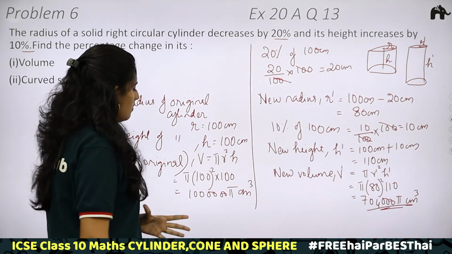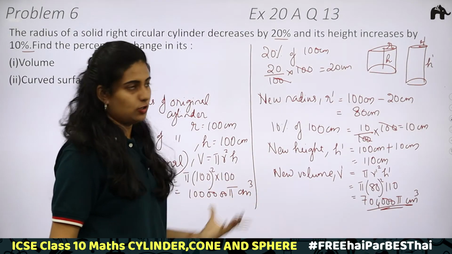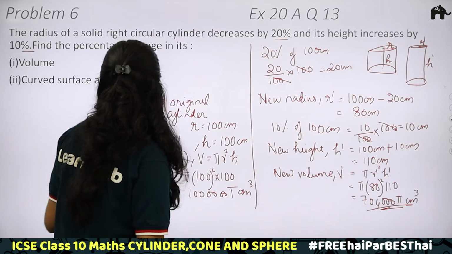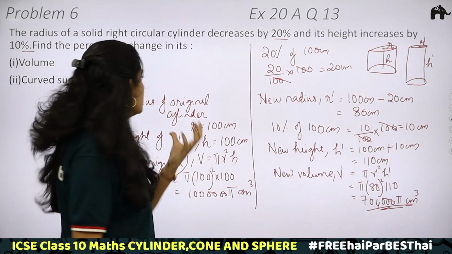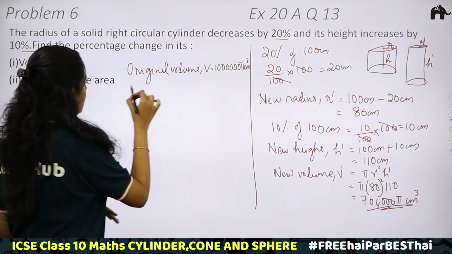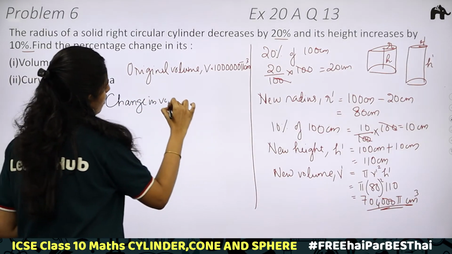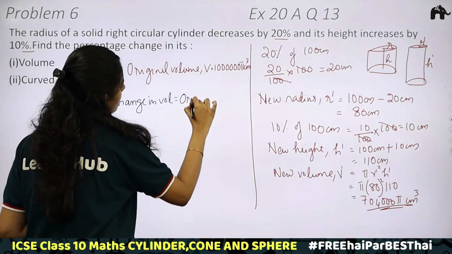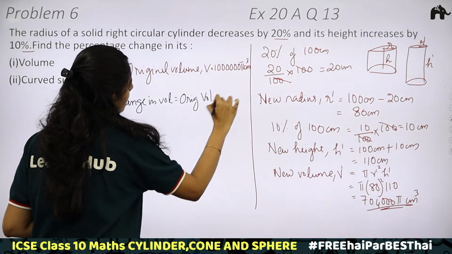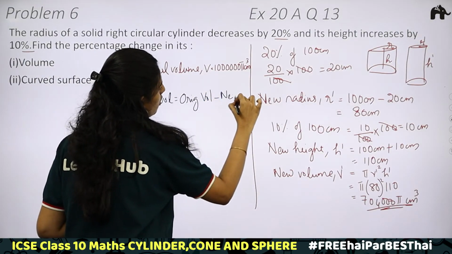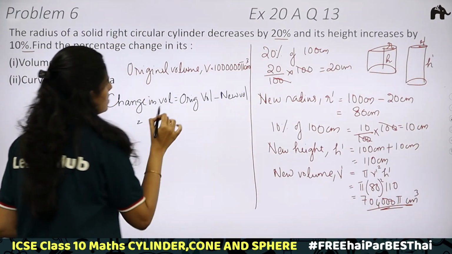We have original volume and the new volume. We need to find the percentage change in its volume. Therefore, the change in volume is equal to original volume minus new volume.